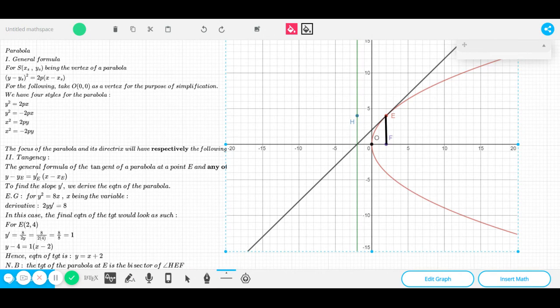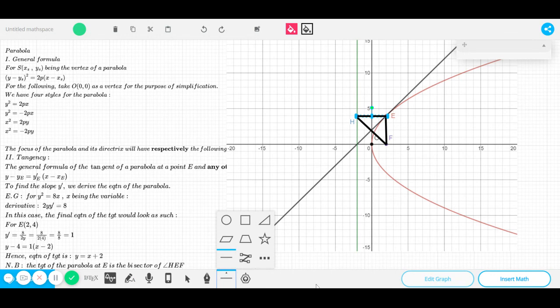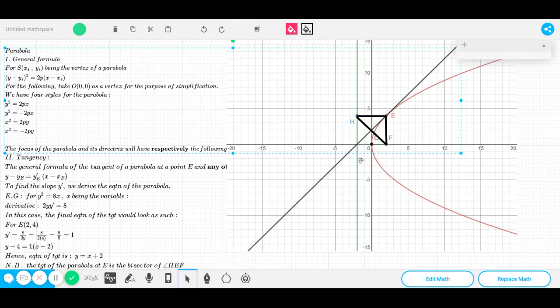Remember that the eccentricity is equal to 1 in a parabola, which we had already discussed in the introductory video. I don't want to lose any more time repeating what I had already said, so let's get back to this.